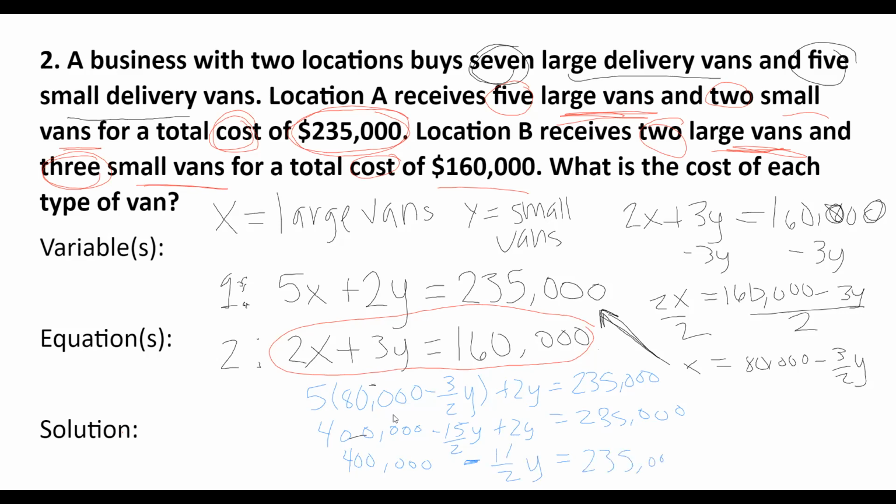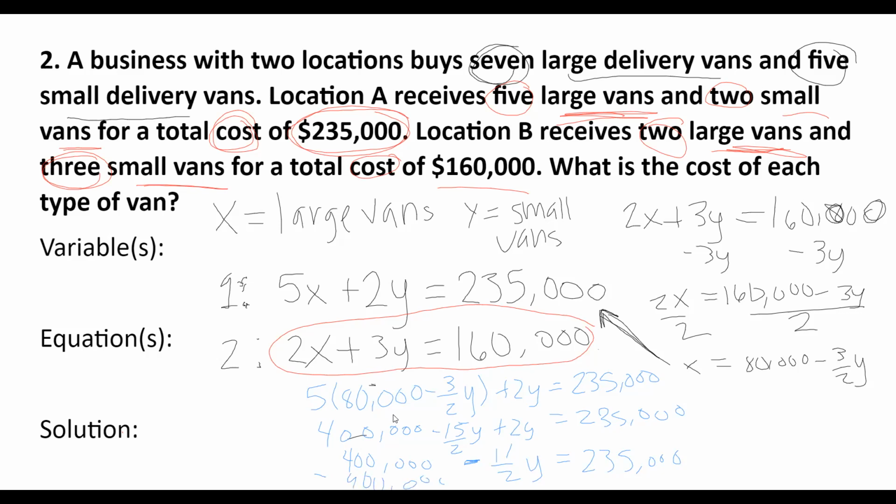Oh man, I'm running out of room. So now at this point, where you have 400,000 minus 11 over 2y equals 235,000, I know it's big numbers, but you're going to do as you would with any other equation. You're going to subtract 400,000 from both sides.